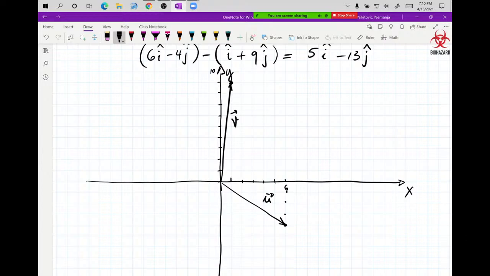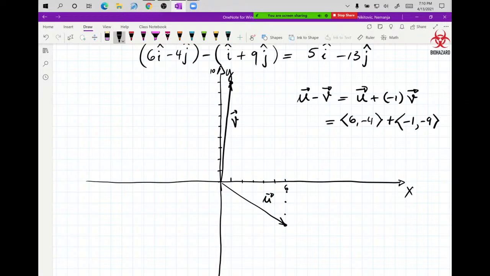Now, u minus v is equal to u plus negative 1 times v. So, my vector u is what we have, which is still 6, negative 4, plus, and my vector v gets multiplied by negative 1, so vector v becomes negative 1 and negative 9.